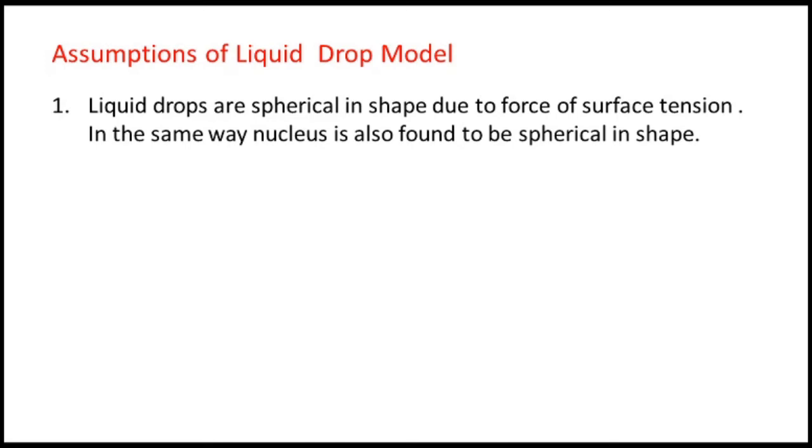So, assumptions of liquid drop model. We all know that the liquid drop is spherical in shape due to the forces of surface tension. And in the same way, the nucleus was also found to be nearly spherical in shape. So, this is the first similarity between the liquid drop and the nucleus.